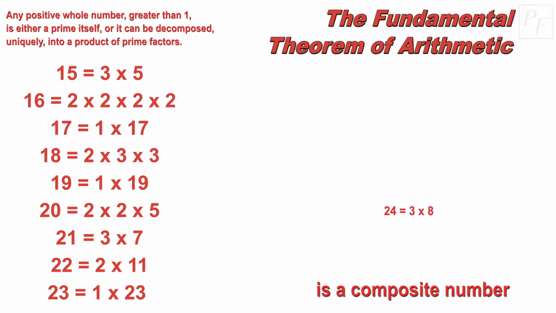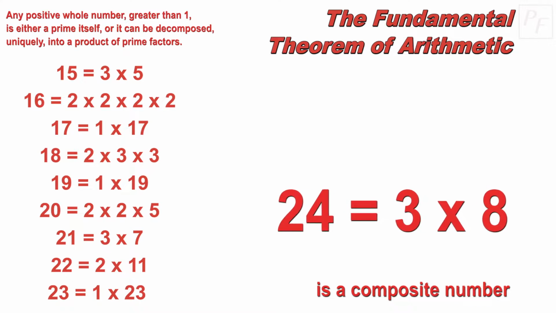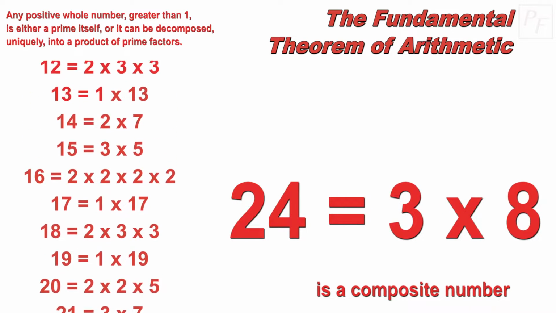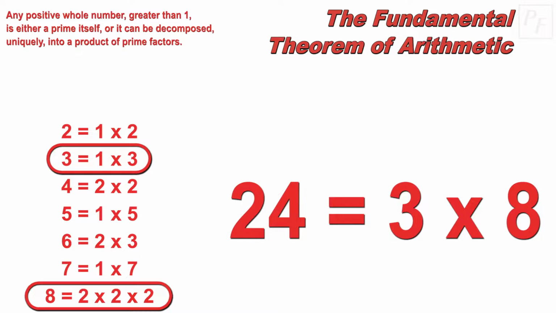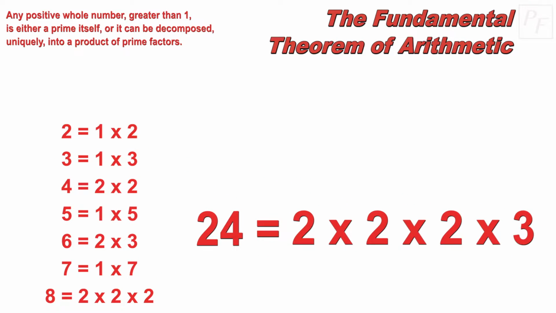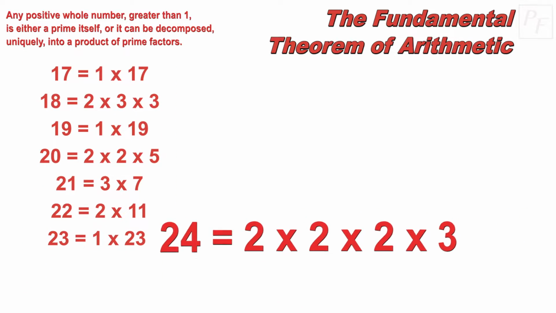For example, 24 equal to 3 times 8. But 3 is a prime, we know this, and 8 is a composite number, which we already know can be decomposed as a product of primes in the form 8 equal to 2 times 2 times 2. So 24 equal to 2 times 2 times 2 times 3. We have proved the theorem for 24, and we can add it to our list.